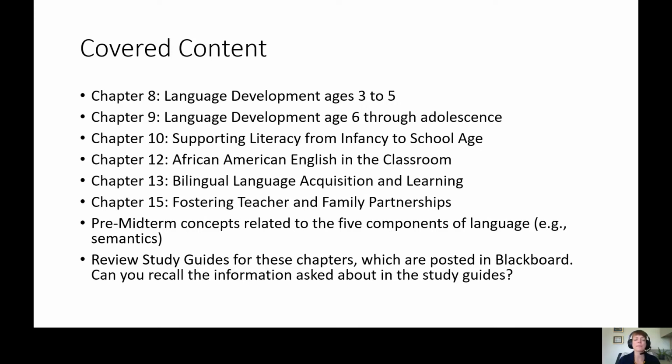I would recommend that you don't just base your studying on this lecture. Go back to the study guides for each chapter, which are posted in Blackboard, and see if you can recall the information asked about in them, because you'll want to have this knowledge fairly accessible in your profession.